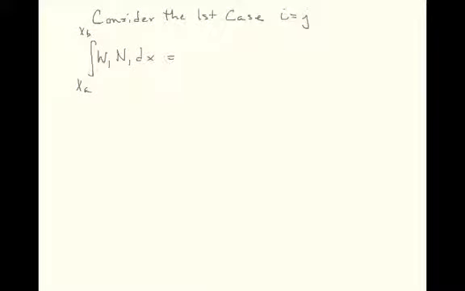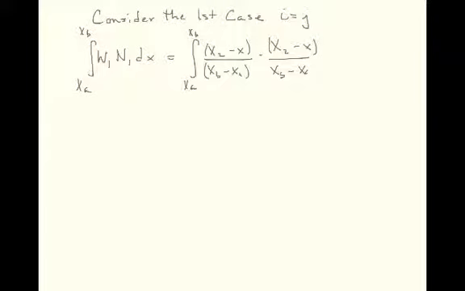We get the integral from x equals a to x equals b, that's our element, of x2 minus x over the element length, which is xb minus xa, times x2 minus x over xb minus xa, dx. First, we take out 1 over xb minus xa squared.